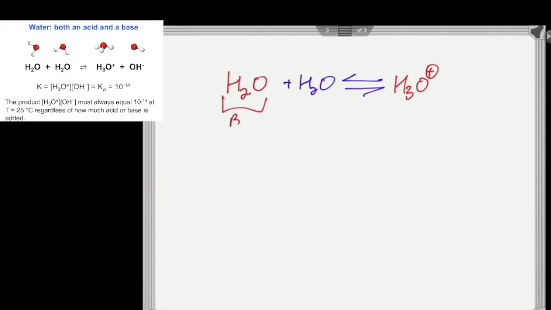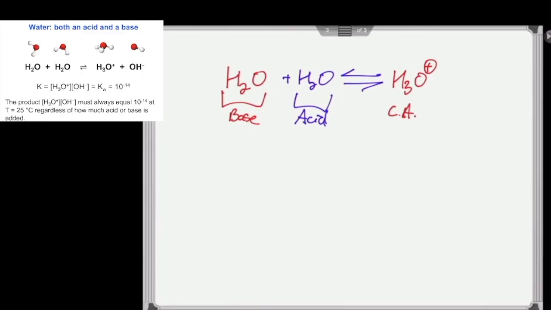So this guy was acting like a base to make the conjugate acid. The blue one was acting like an acid. It loses a proton to form my product, hydroxide, which is my conjugate base. Water can exist as the neutral species, act as an acid, or act as a base. And these are the two things that we've seen with the Ka and Kb expressions.